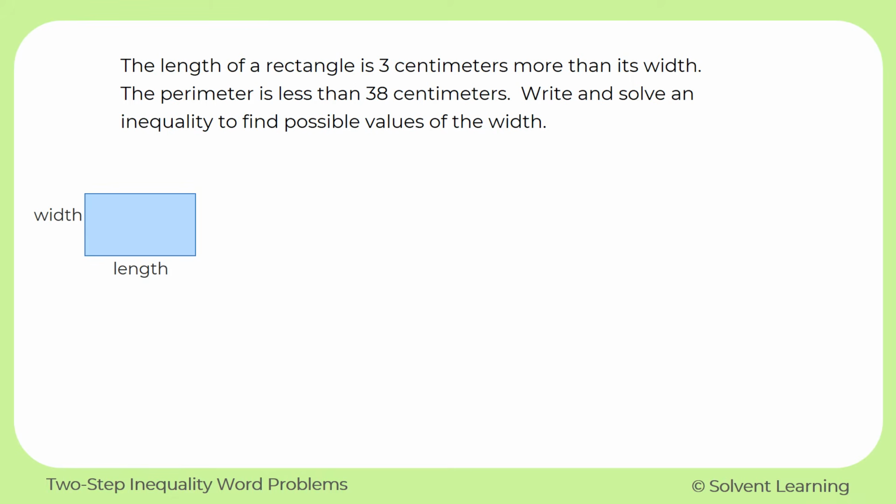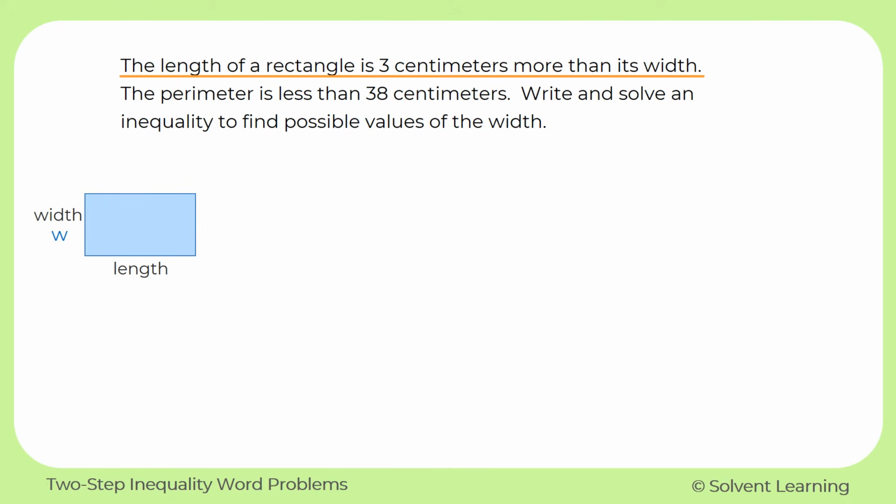Now let's look at the word problem to see what other information we can find. It says the length of the rectangle is 3 centimeters more than the width, but we don't know what the width is, so we'll use a variable. Let's use W to label the width.